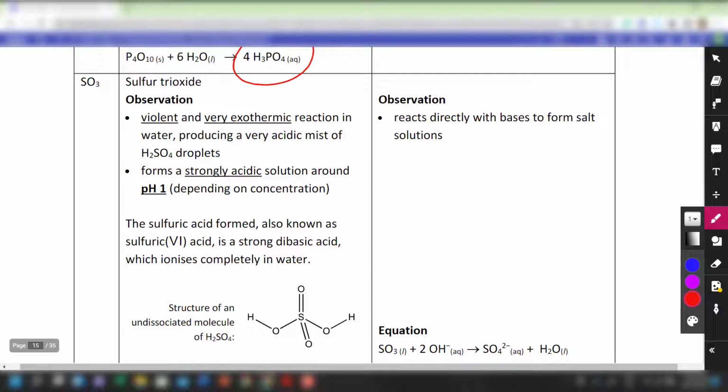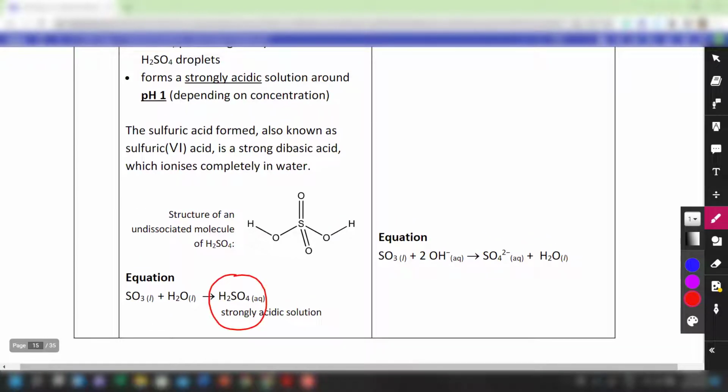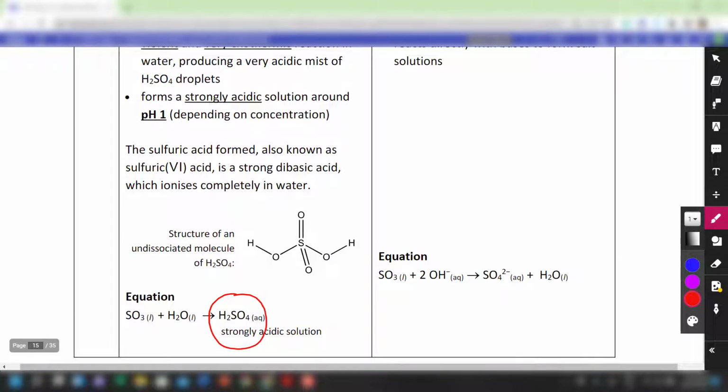If it were to exist, it will hydrolyze completely to give a fairly acidic solution, pH 1. Obviously you get sulfuric acid, which I think we are all familiar with. Sulfuric acid is a very strong acid, we all know that.